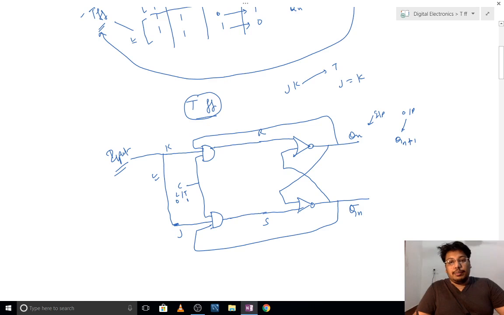We have just converted a JK flip-flop to T flip-flop by joining J and K. Now we are giving a single input as well as Qn. On the basis of this, we are defining J and K as well as Qn plus 1, right? So this is the method how to convert JK flip-flop into T flip-flop.